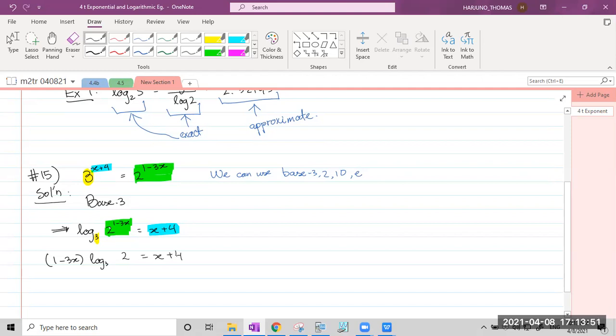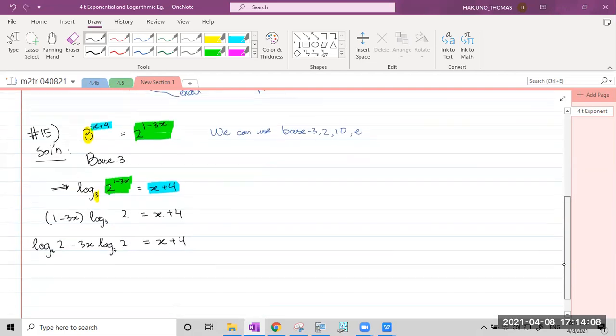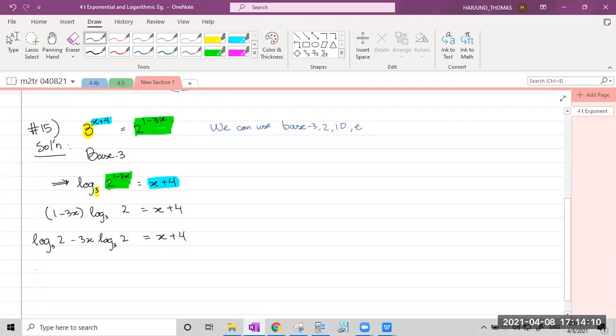Then I will isolate the x by distributing first: log base 3 of 2 minus 3x log base 3 of 2 equals x plus 4. I'll subtract 4 from both sides and add 3x log base 3 of 2.